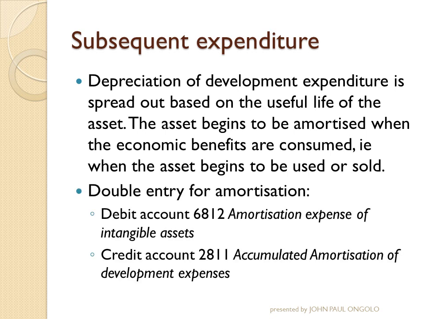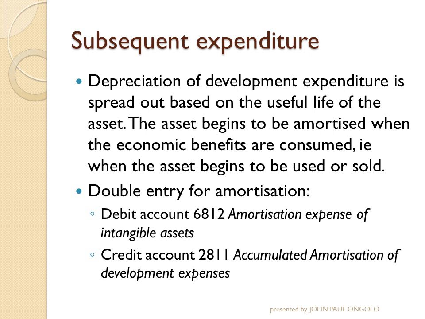So the double entry is with debit account 612 amortization expense of intangible assets, and with credit account 2811 accumulated amortization of development expense. Remember that account 2811 is the accumulated amortization or depreciation account, and it will be used to reduce the value of the cost account 211 in the financial statements.